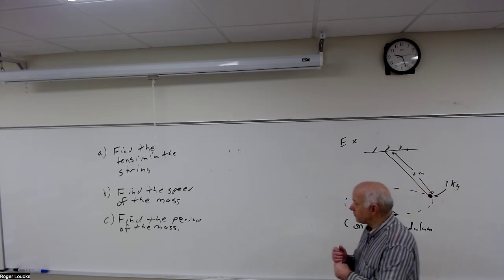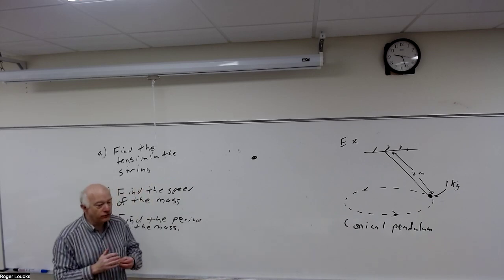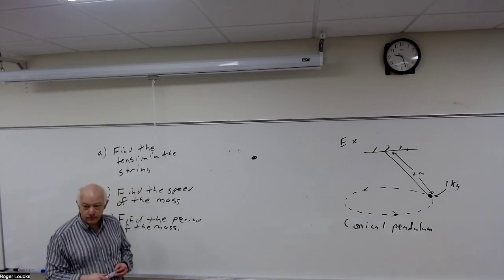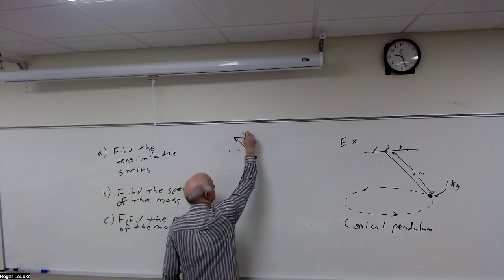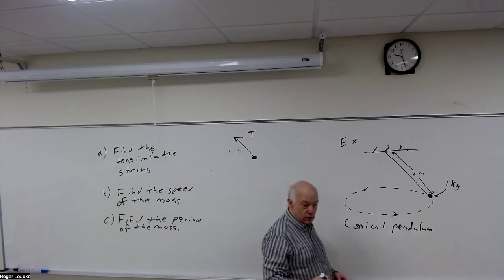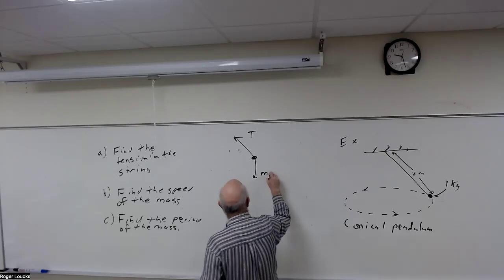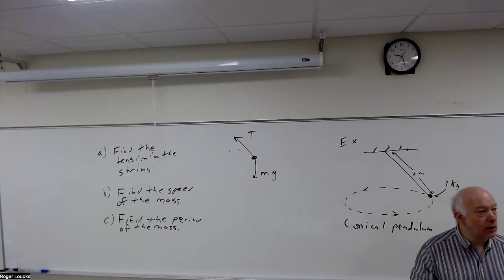Okay, so let's start off with this. What are all the forces acting on my little friend there? The tension, always along the direction of the string. And gravity, going straight down. So you always start off with a free body diagram.